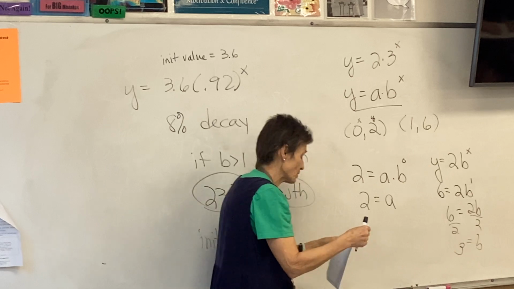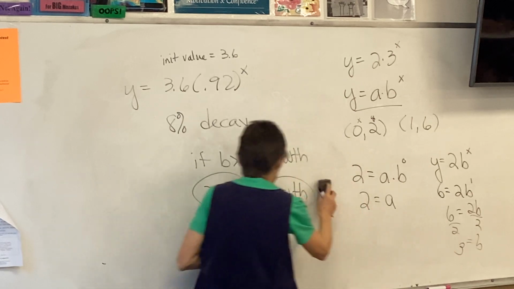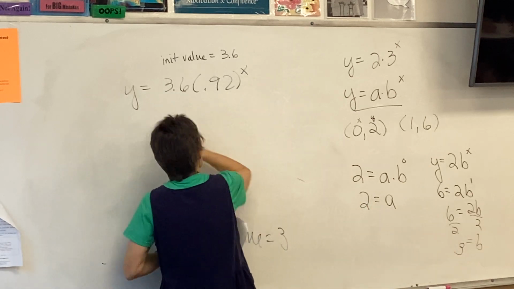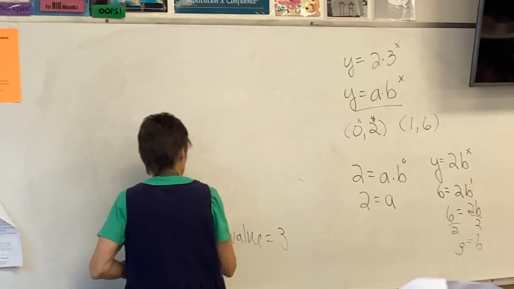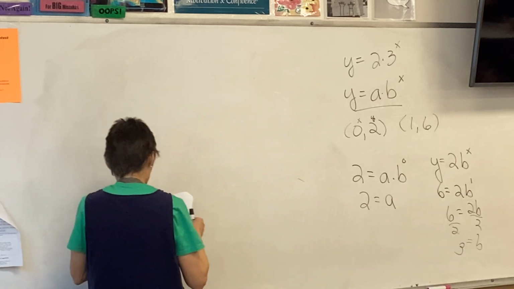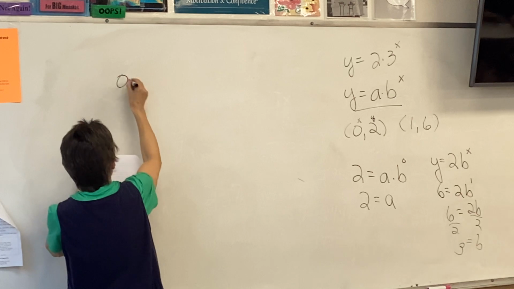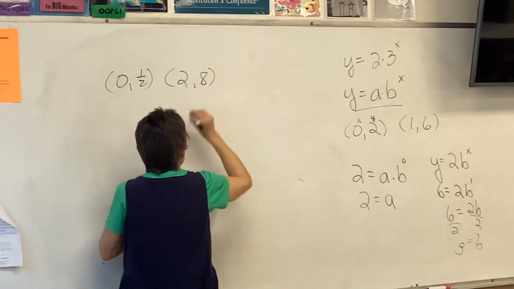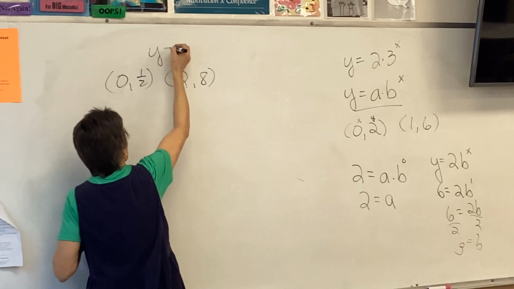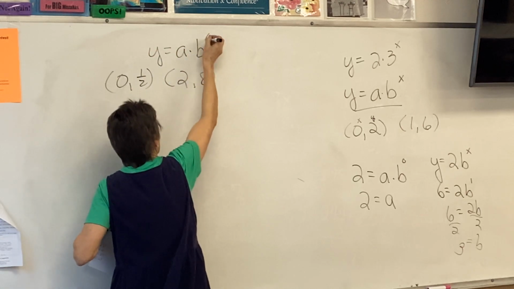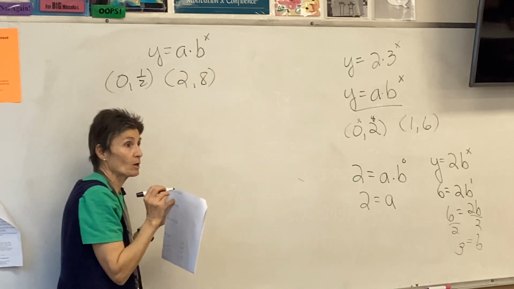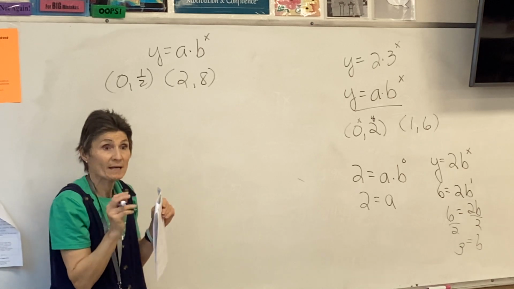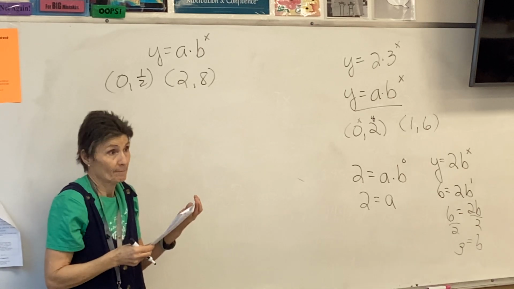Well, guess what? There are some more of those. So let's get started on B. Reminder, I'm going to put my format up here, my little formula, or whatever you want to call it. That's what exponentials look like.